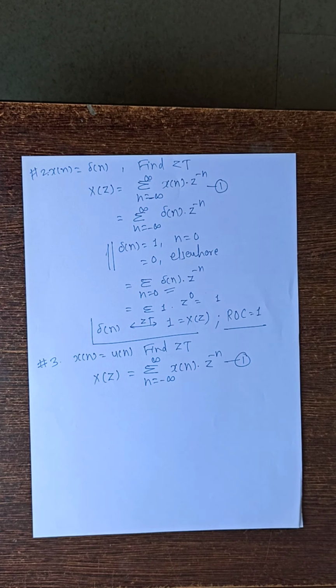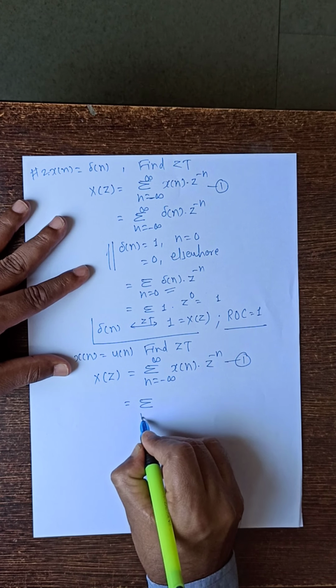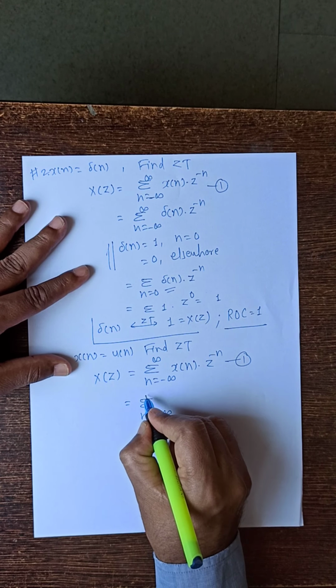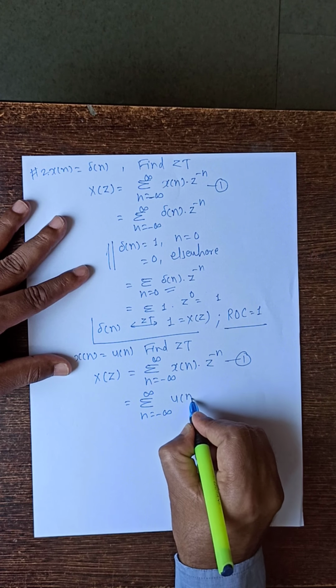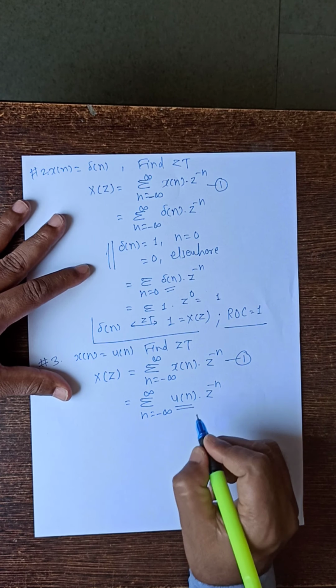Then put the value of x(n), x(n) is equal to u of n.